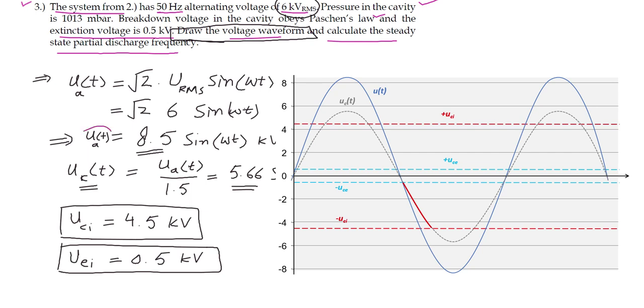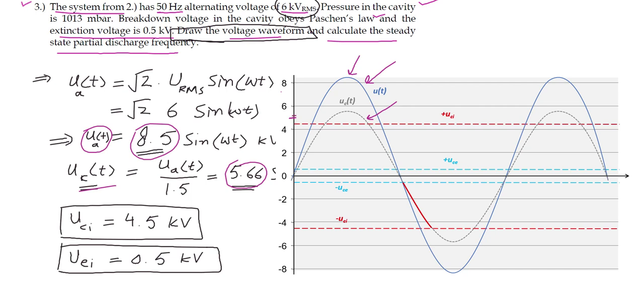So you can see a sine wave whose amplitude is 8.5. Then UC has an amplitude of 5.66. So you can see here UC, which is this waveform, has an amplitude of approximately 5.66.